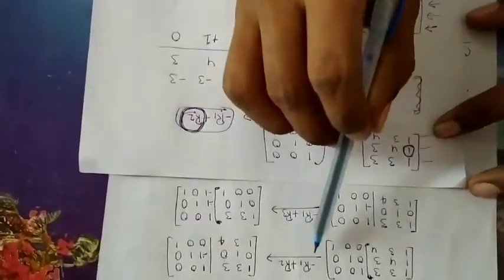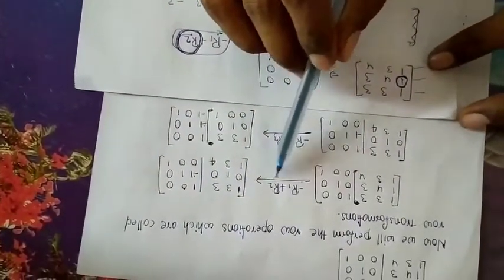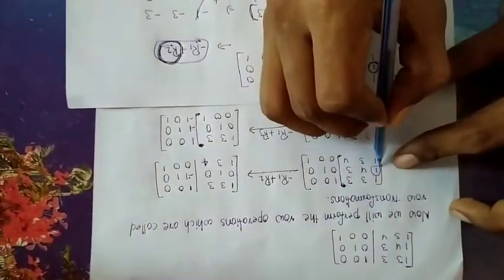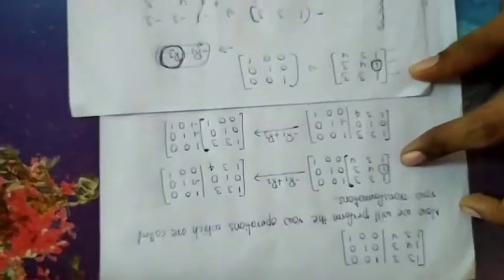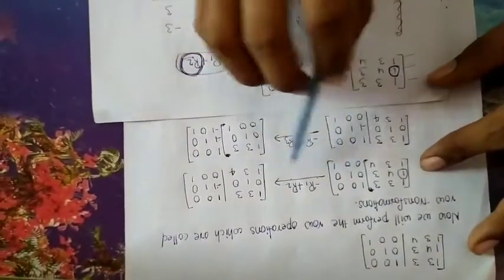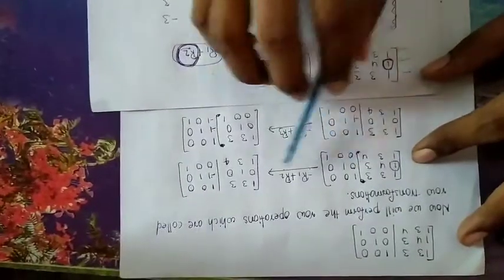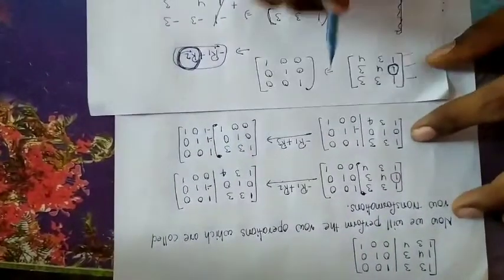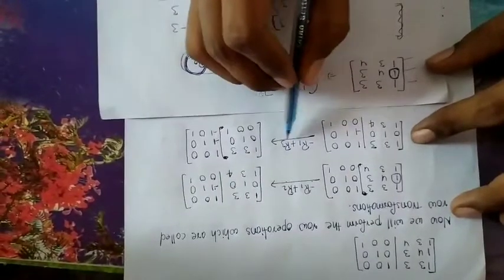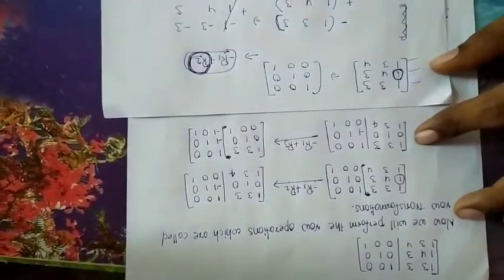As I perform the minus r1 plus r2 operation, the first value of the second row becomes 0, as I explained here, and the matrix becomes this. Then I take this matrix and do the operation of minus r1 plus r2, and the resulting matrix is this.